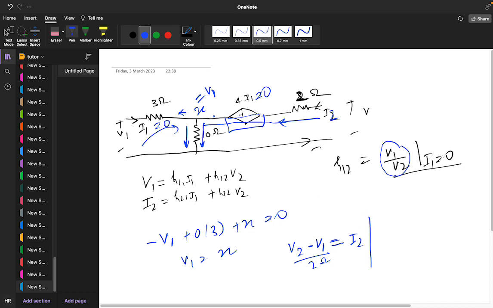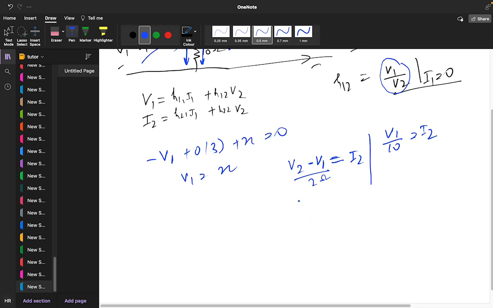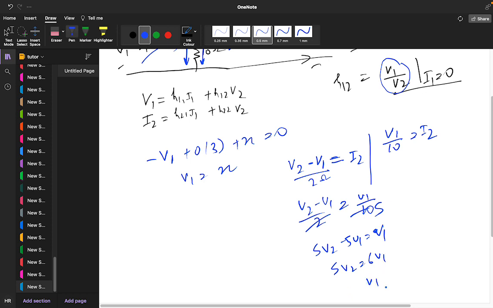So the value of I2 will be V1 by 10 is equal to I2. Substitute the value of I2 in this. V2 minus V1 by 2 is equal to V1 by 10. It will be 5 V2 minus 5 V1 is equal to V1. You will get 5 V2 is equal to 6 V1. So V1 by V2, what are we getting? V1 by V2 is 5 by 6.